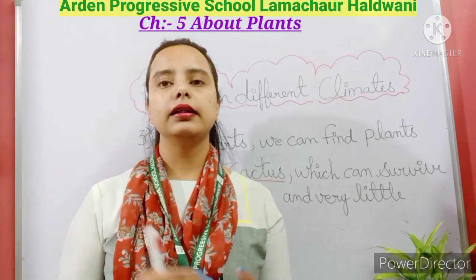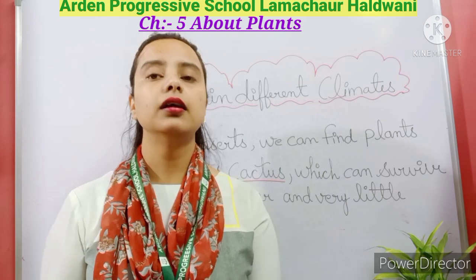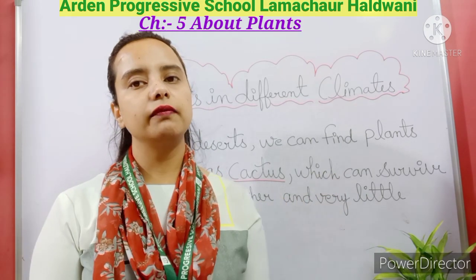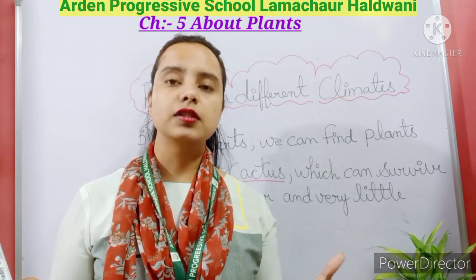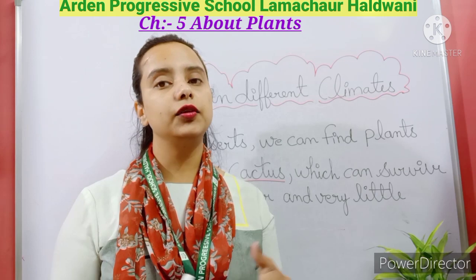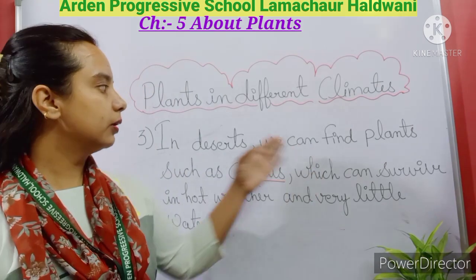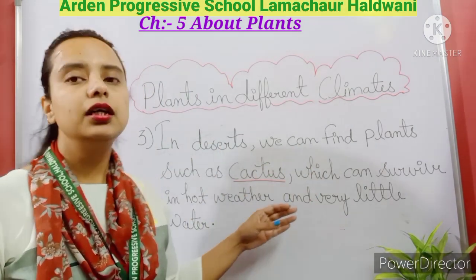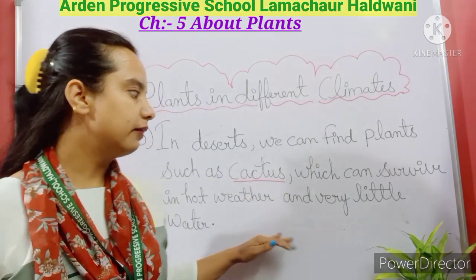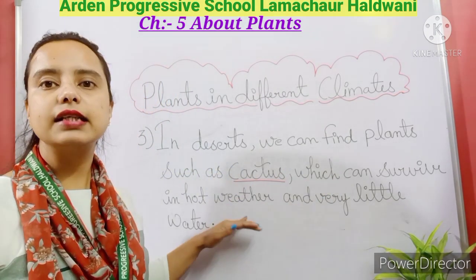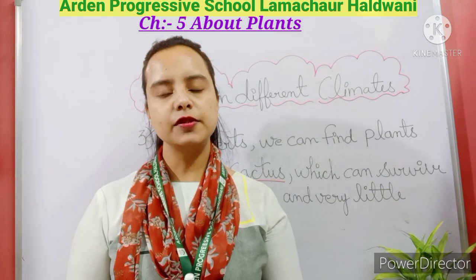In the plain areas where heavy rainfall takes place, we can see different varieties of plants like neem and banyan with many branches, and the trees are also huge. When we talk about deserted areas, we find plants which need very little water and can survive in hot weather, and an example of such a plant is the cactus.